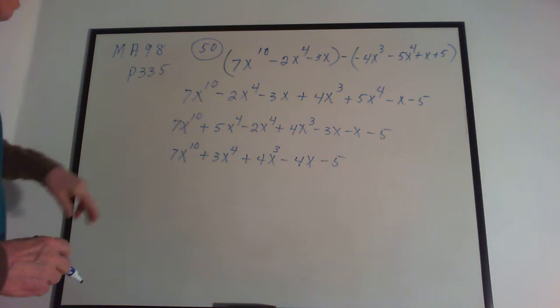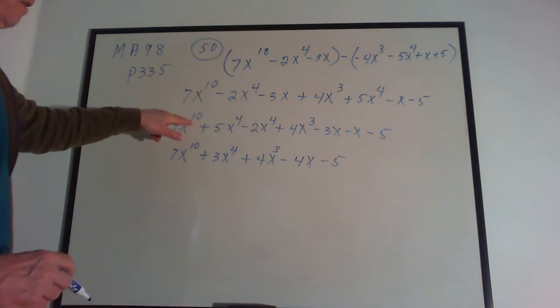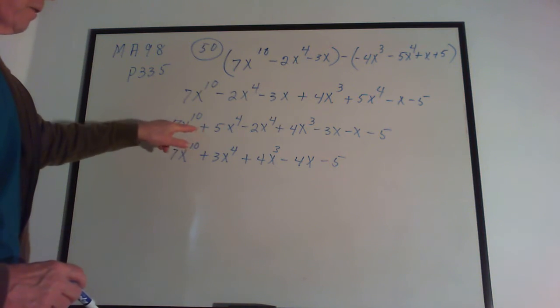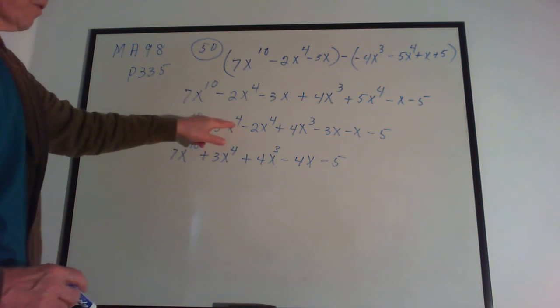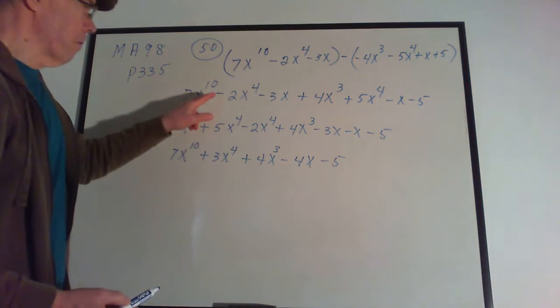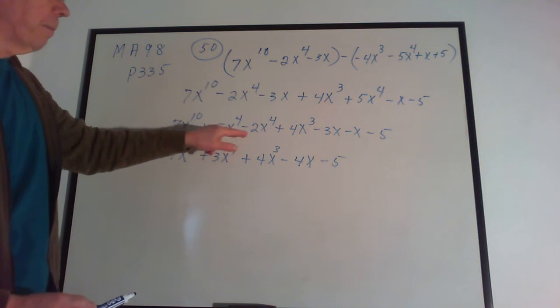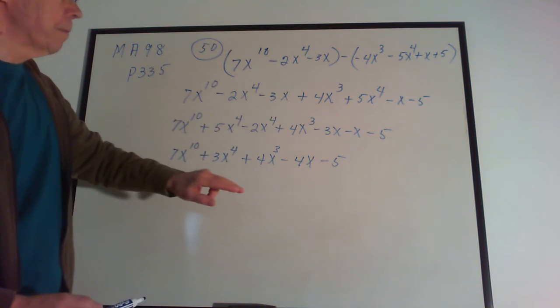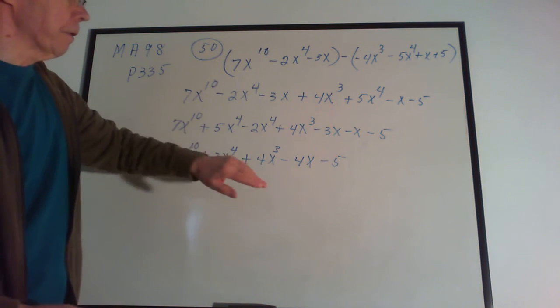All right, so I combine. I have a 7x to the 10th. I don't have another x to the 10th, so I can't add anything to that. But I have 5x to the 4th over here, and I have a minus 2x to the 4th, so I can combine these two. I have plus 4x cubed, but I don't have an x cubed here.